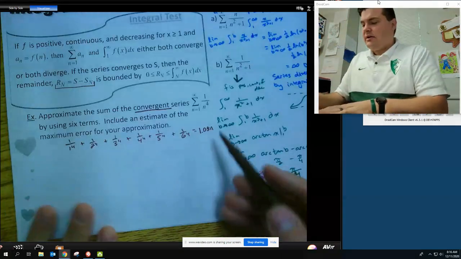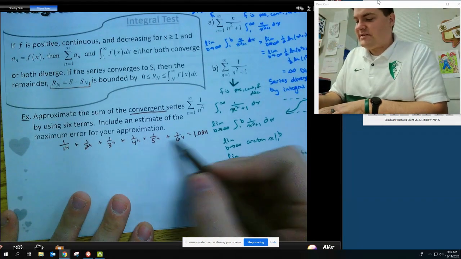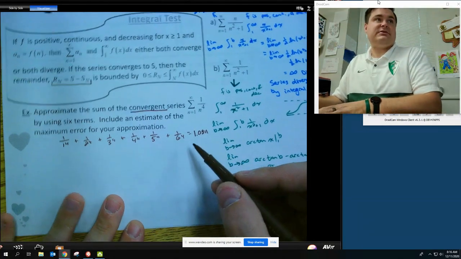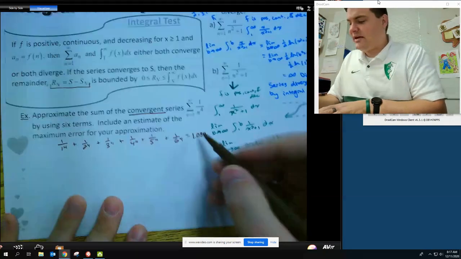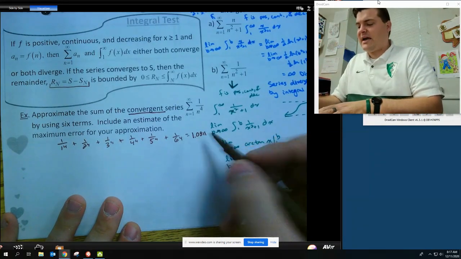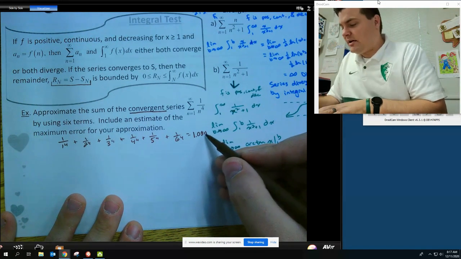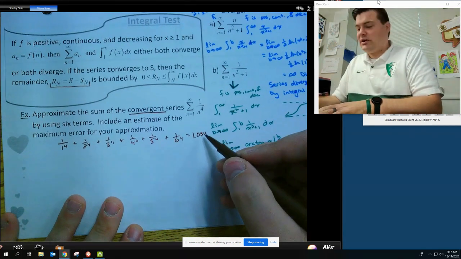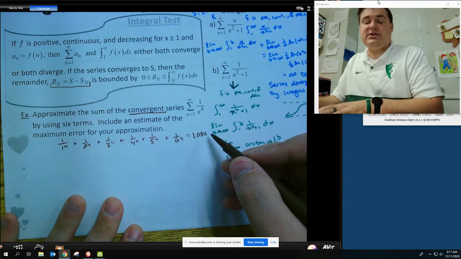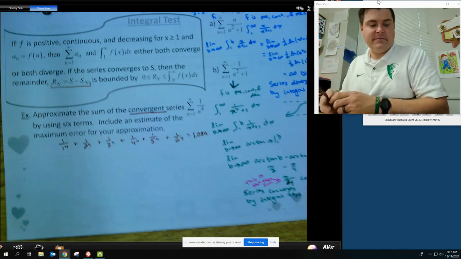This is the first 6 terms. Our actual sum will be close to that, because as we keep adding numbers further out, not much is going to change. Maybe the 10th place, the 100th place, or the 1000th place will change, based on how far out we go.